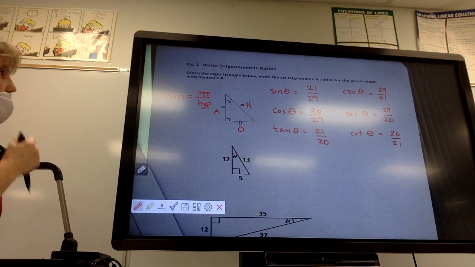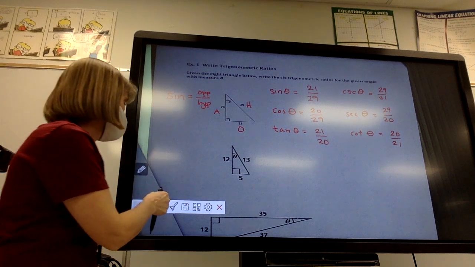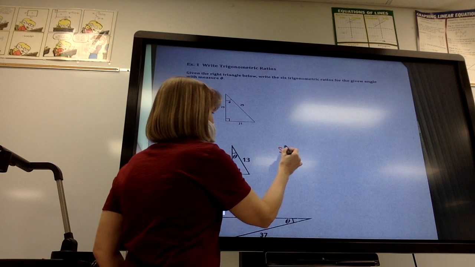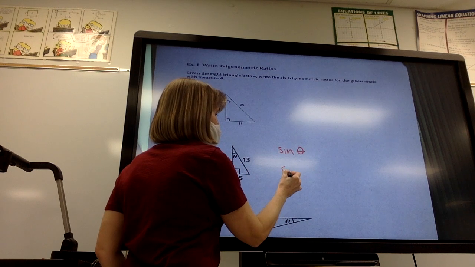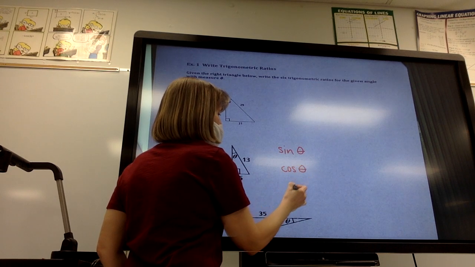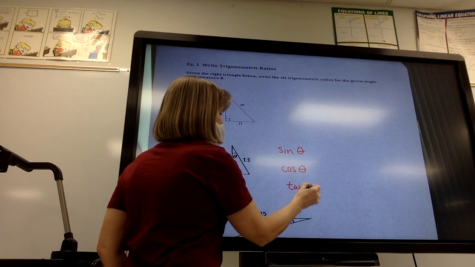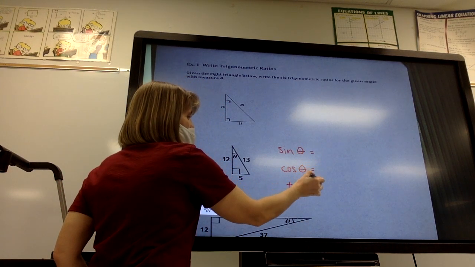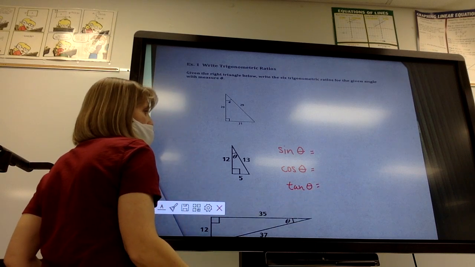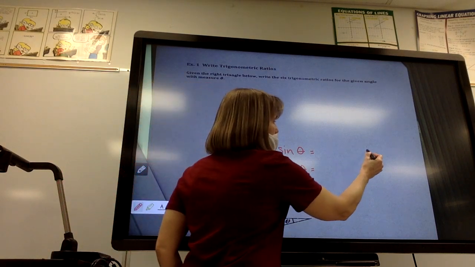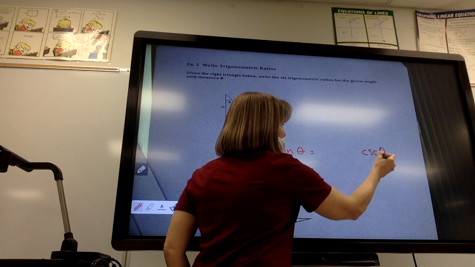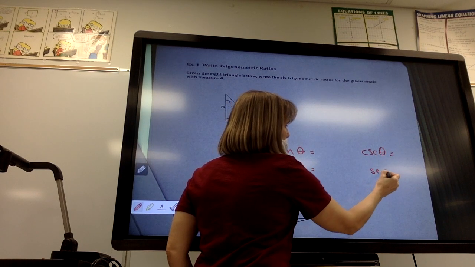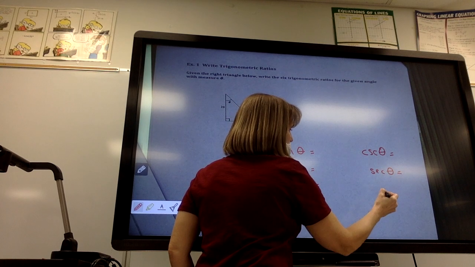Okay, so do the same thing with question number 2. We're going to set up sine of theta, cosine of theta, tangent of theta. Do we have to draw that circle? Or can I just write like the letters? Mathematically, yes, you need that circle.